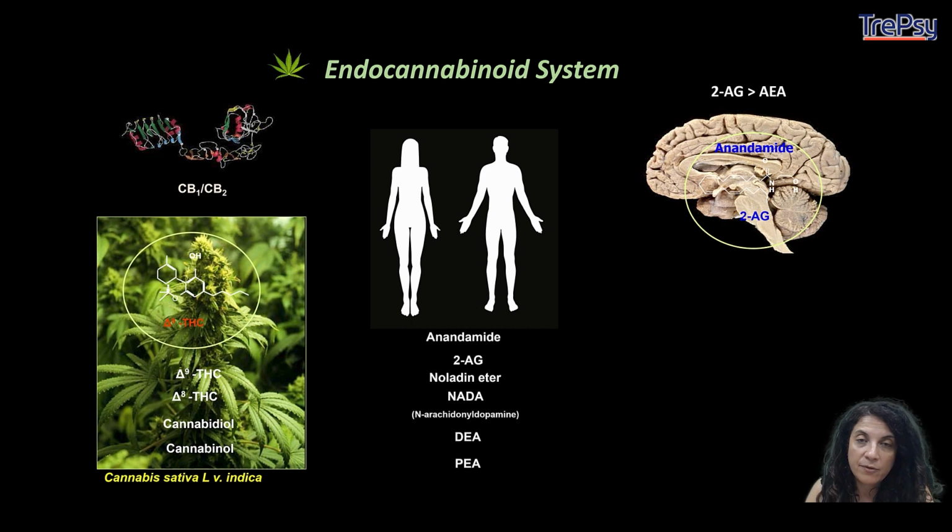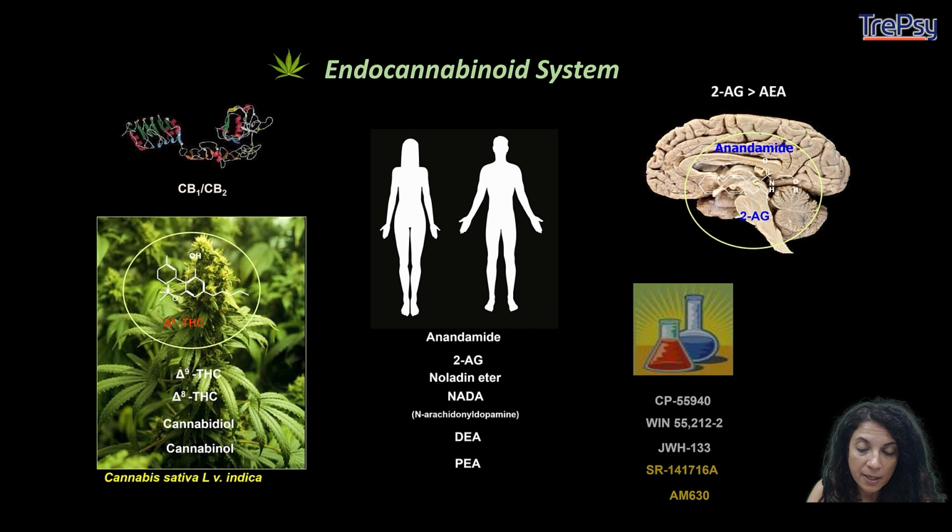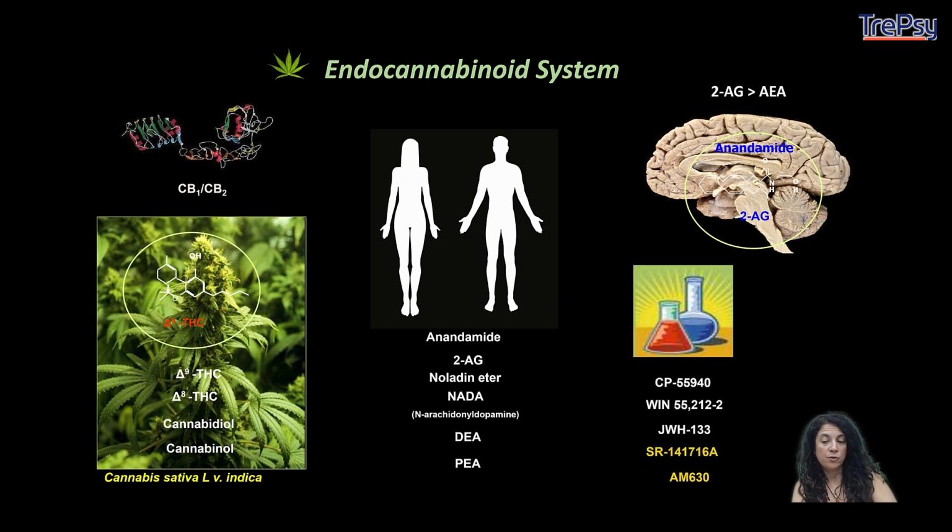So we have different types of endocannabinoids like anandamide, 2-arachidonyl glycerol, but we have more. We have noladin ether, NADA, N-arachidonoyl dopamine, and others. But we have synthetic cannabinoids too.